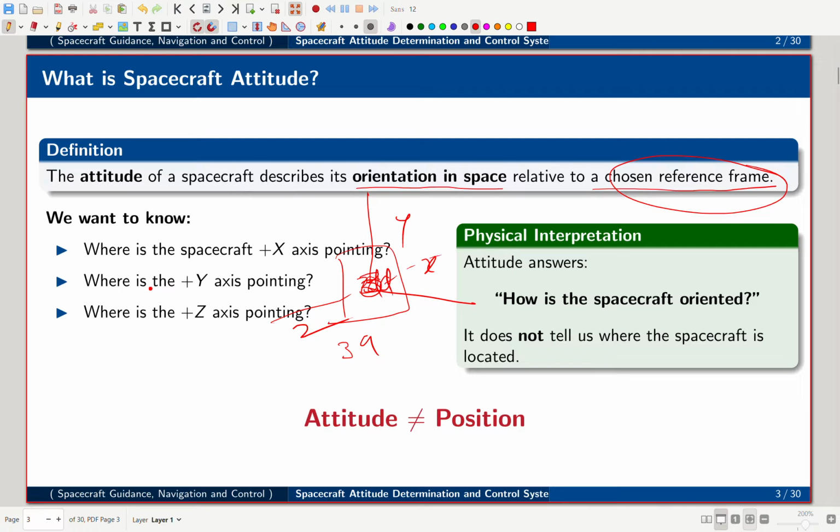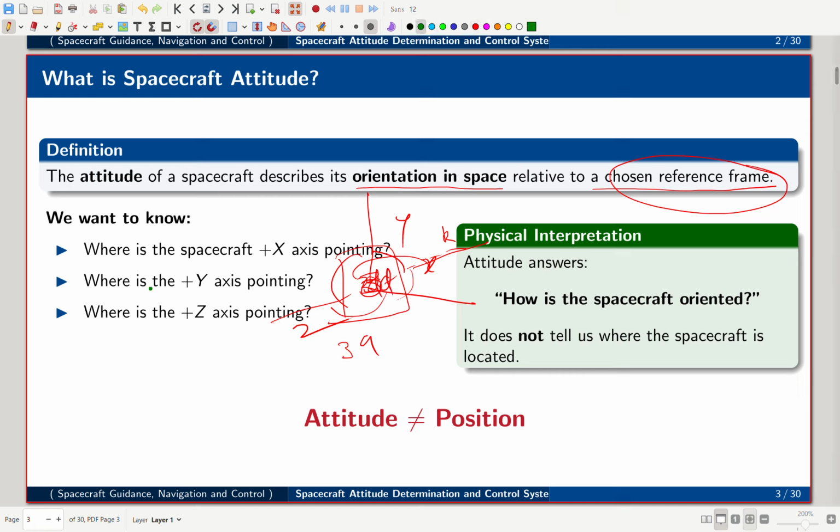With respect to the reference frame, how much orientation is there, right? We need to understand that.